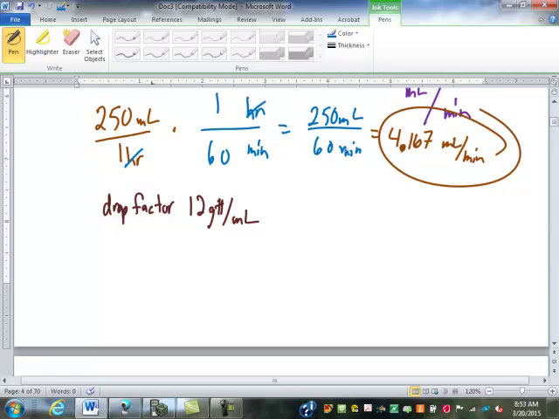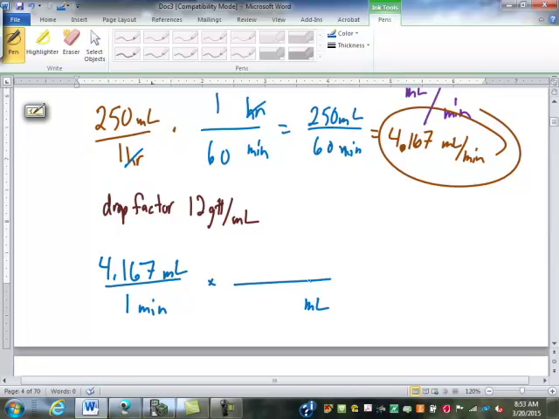So anyway, to get the drops per minute, you would take your 4.167 milliliters per 1 minute, and you're going to get rid of the milliliters. Well, milliliters will go on bottom, so they'll cancel out. Drops are on top. 12 drops per 1 milliliter. The milliliters cancel. 4.167 times 12 is 50 drops per 1 minute.